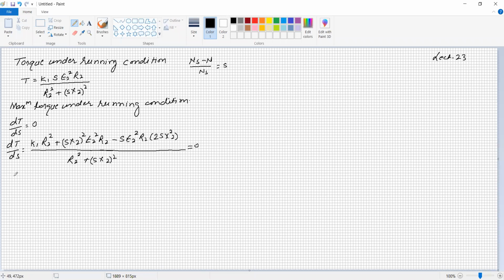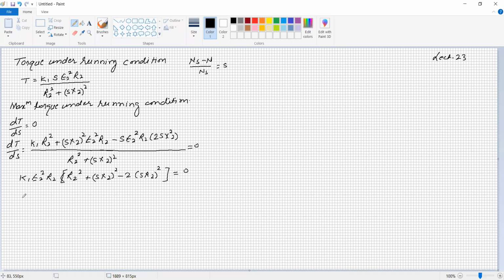Finally, we get 0 is equal to K1 E2 square R2, which is common, into the bracket (R2 square plus (Sx2) square minus twice (Sx2) square), and this whole bracket is equal to 0.